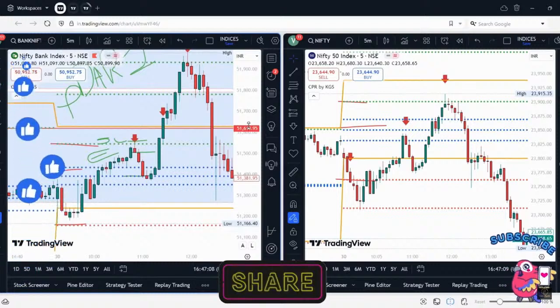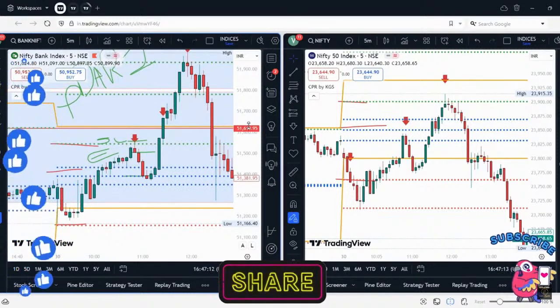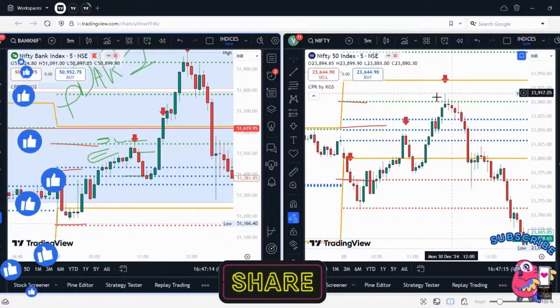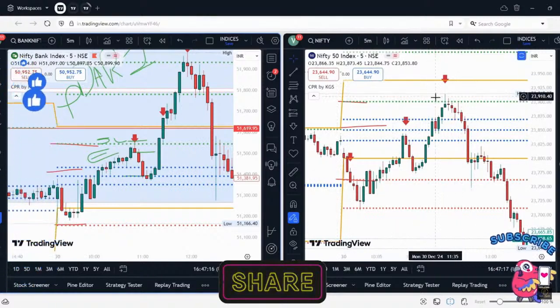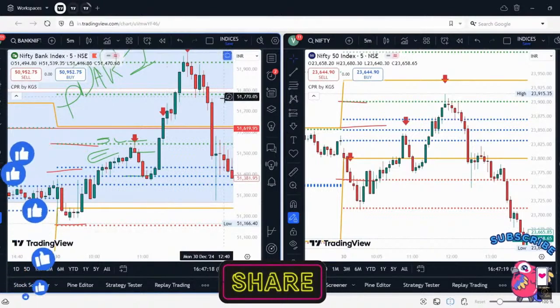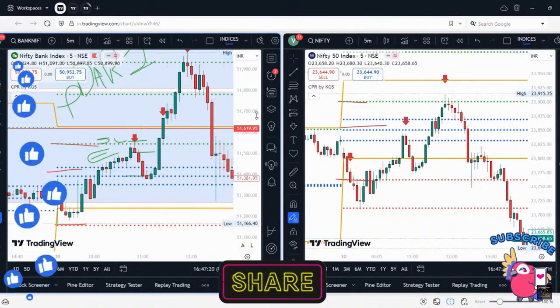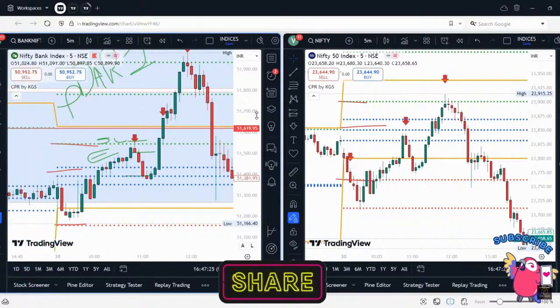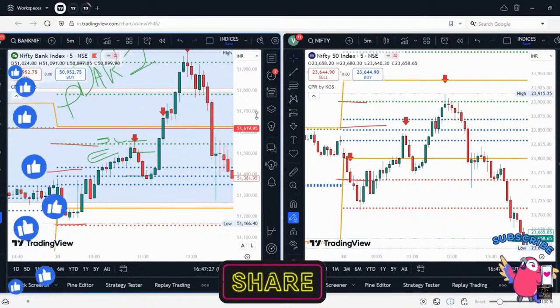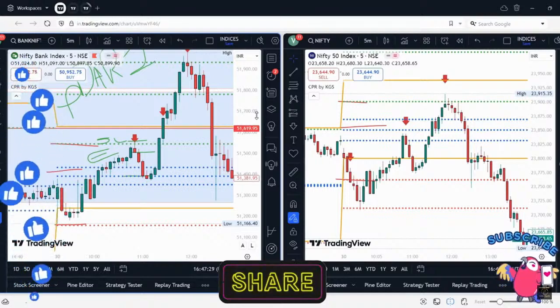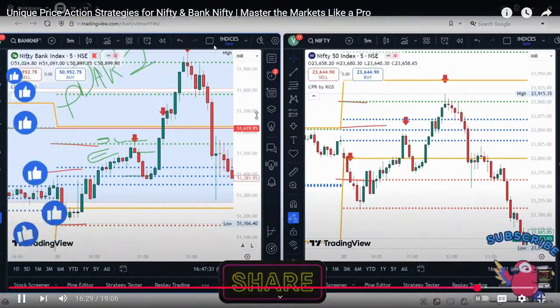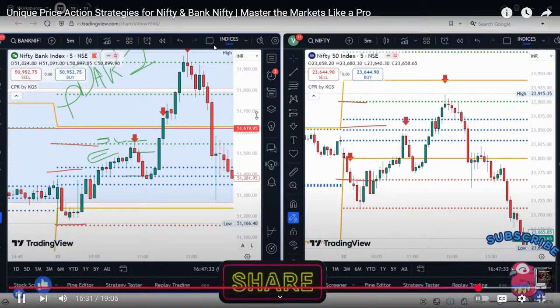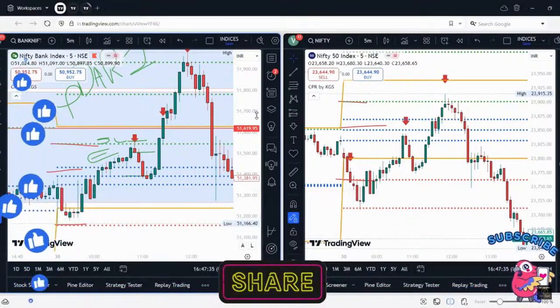Now, there are two ways to trade indices. The first way is trading the index only, Nifty is one way, trading only Bank Nifty is one way. Okay, as I am interested to trade them, Nifty and Bank Nifty both, I have created this system according to the experience, according to learnings from different aspects.